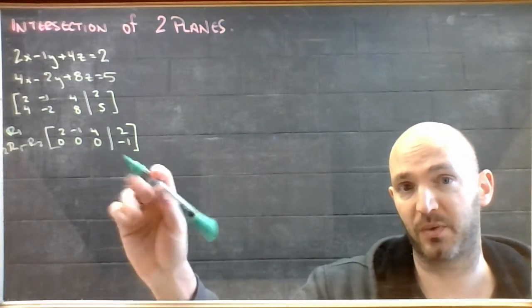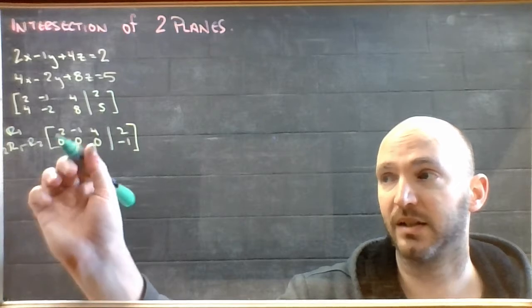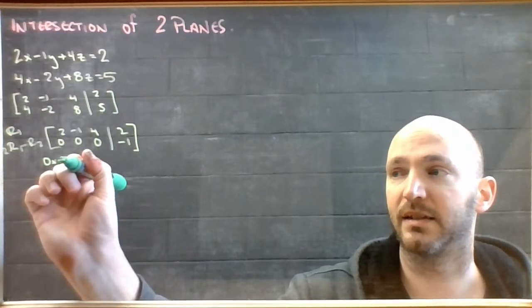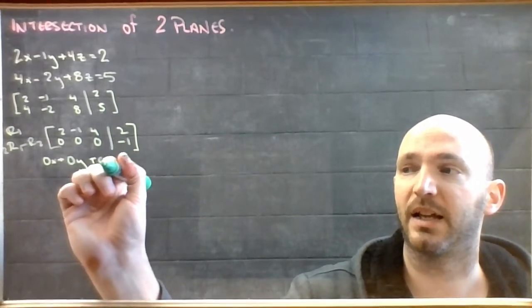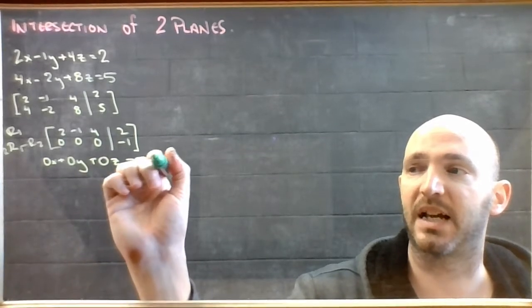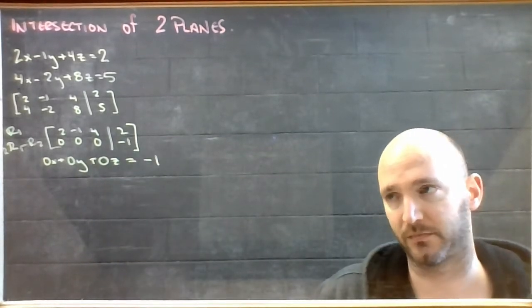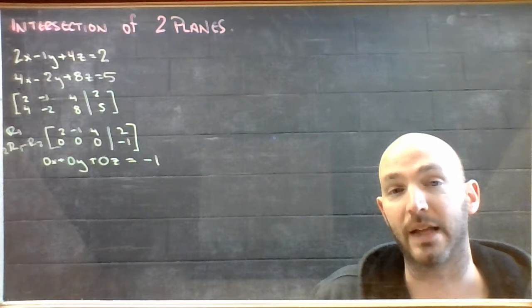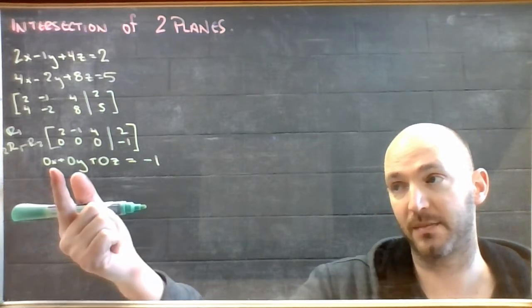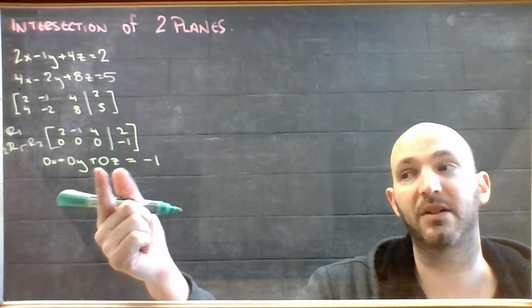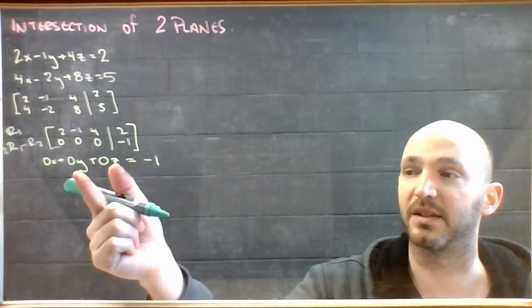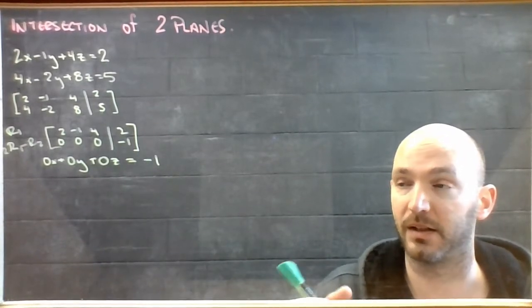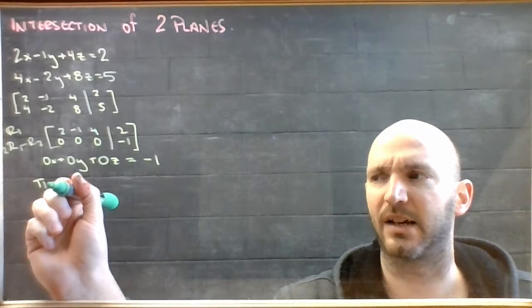If I were to pull this out of the matrix, this says no x's and no y's and no z's is supposed to add up to -1. Well, that's impossible, because 0 times anything is 0, 0 times anything is 0, 0 times anything is 0, and 0 plus 0 plus 0 is not -1. So this actually doesn't work.